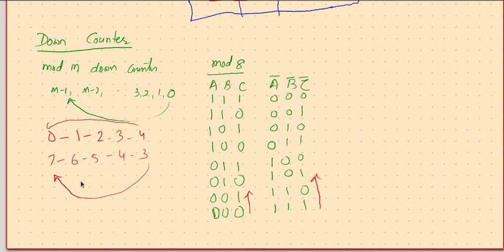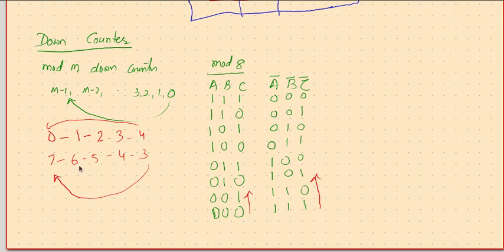How can this be done? If you just create an up counter which starts from 0, 1, 2, 3, 4, and then take its complement, then you are getting 7, 6, 5, 4, 3 repeating, instead of 4, 3, 2, 1, 0.